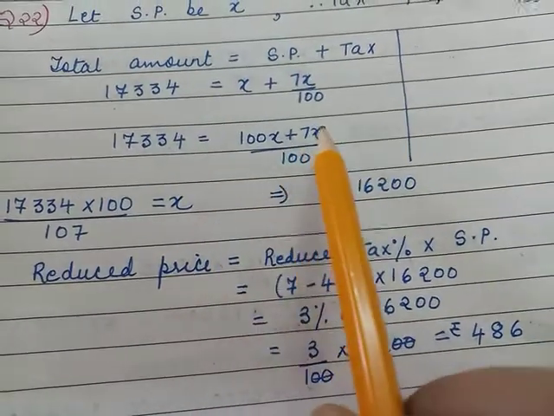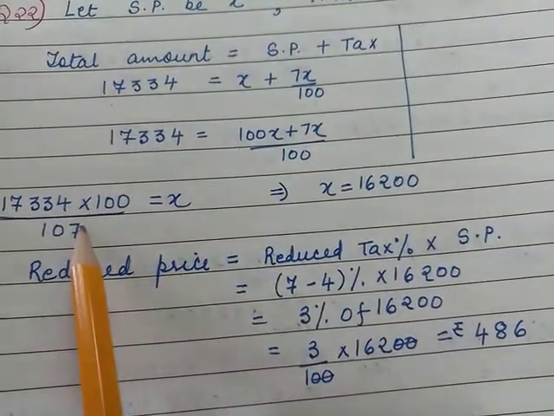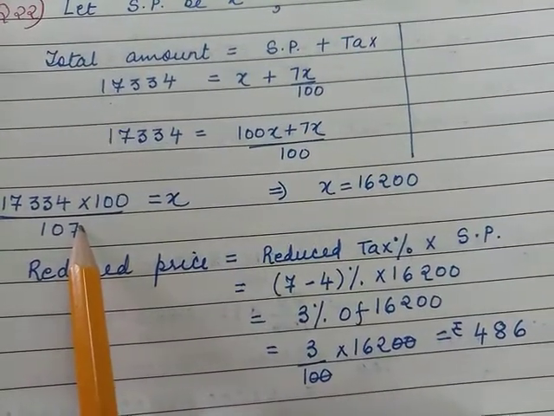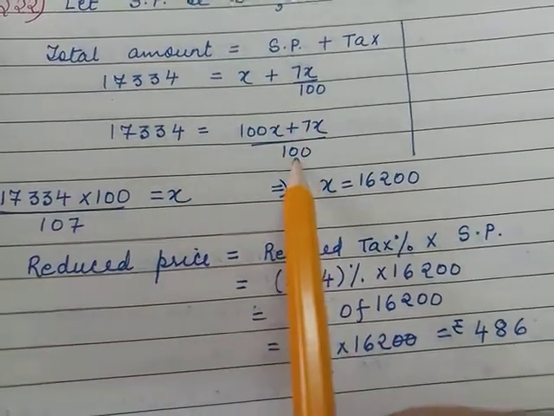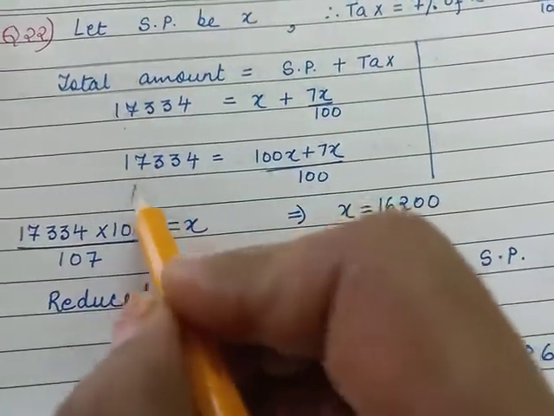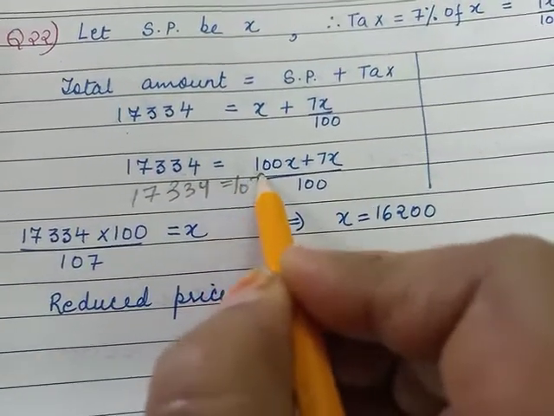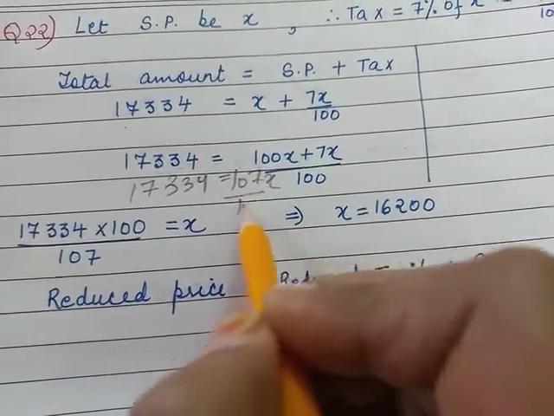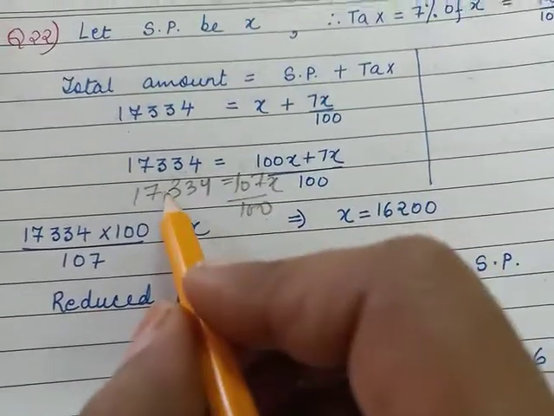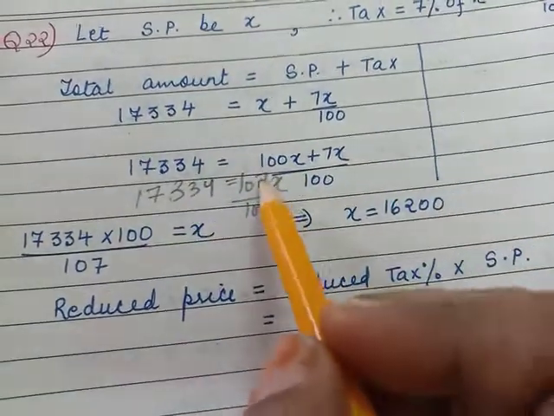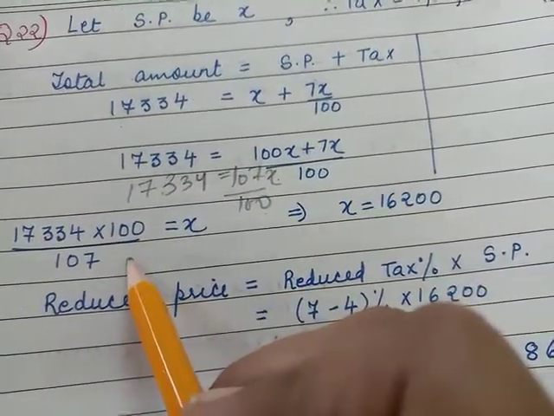17,334. So we transpose this 107 in the denominator and 100 in the numerator. So that becomes 17,334 is equal to 107x upon 100. So we transpose 100 there in the numerator and 107 in the denominator.